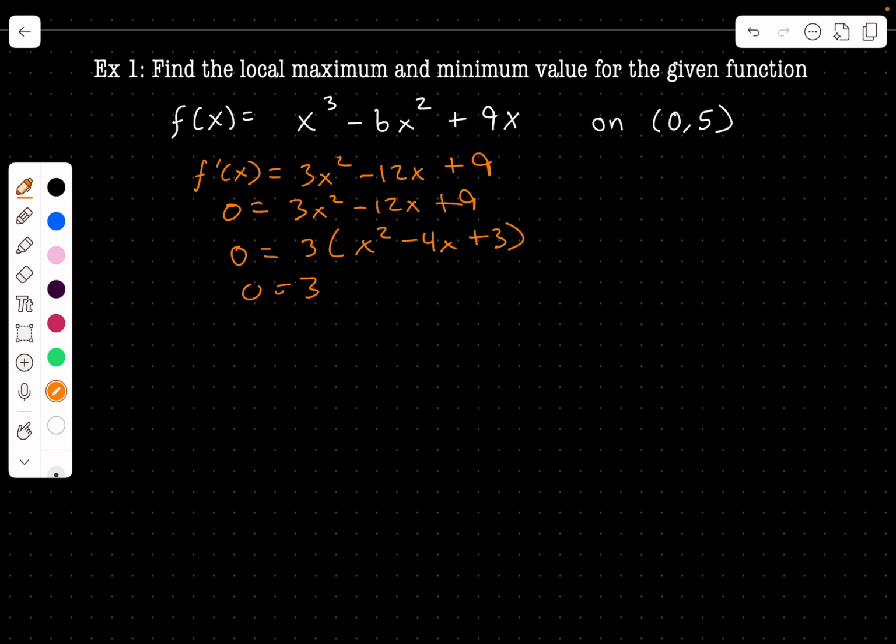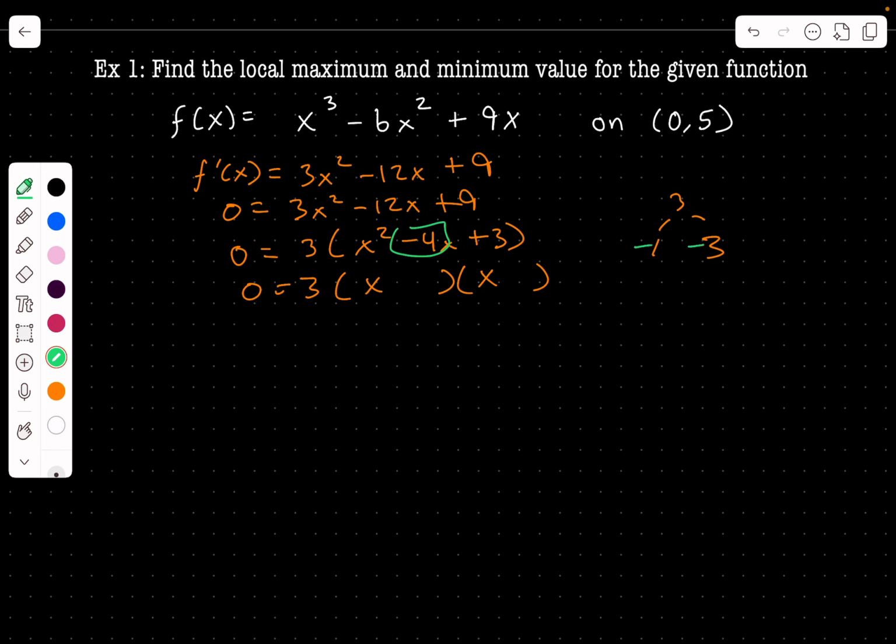Then we're going to factor once more. Okay, so we need to figure out the factors of 3, and there's really only one option, 1 times 3. So when added or subtracted, 1 times 3, right? Those two values, which one is going to give us this -4?